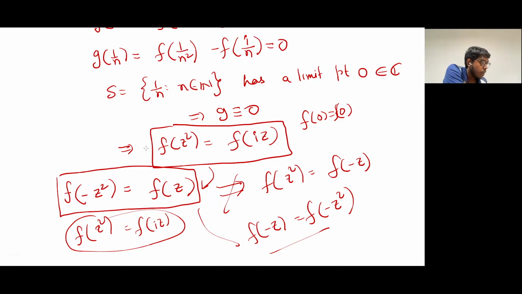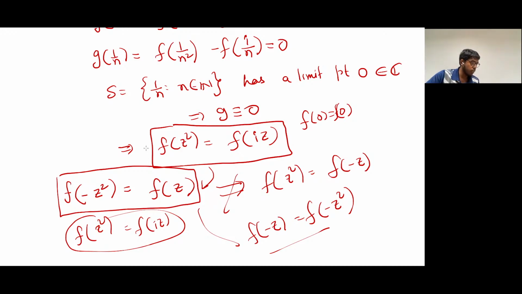See, Aviru, even if what you told, if f is a non-zero function, then you can consider 1 by f and apply the minimum modulus principle. The minimum modulus principle, with the same concept, will give you that 1 by f is a constant function. But that is fine, we are not getting any contradiction. If we got a contradiction, then we could have said that f has to be a zero function.